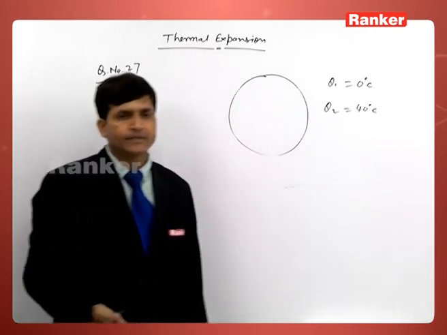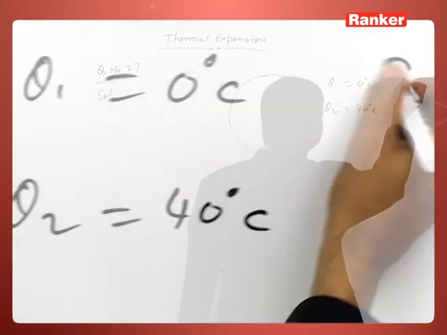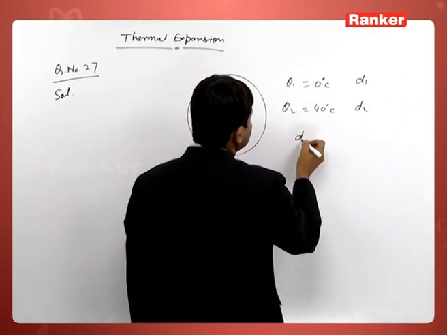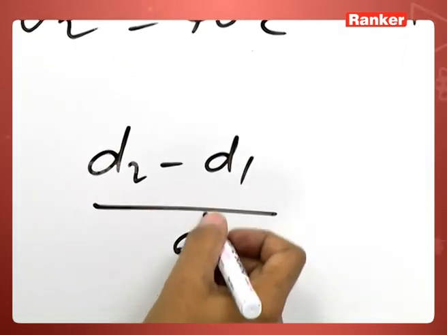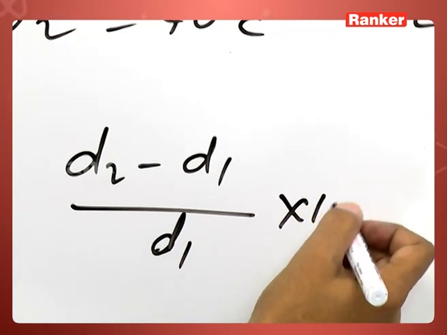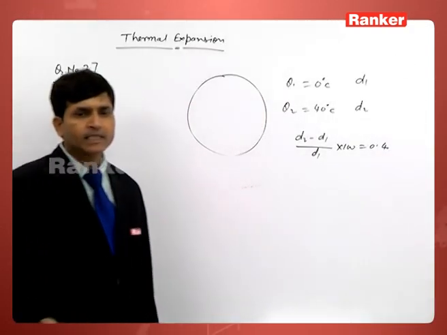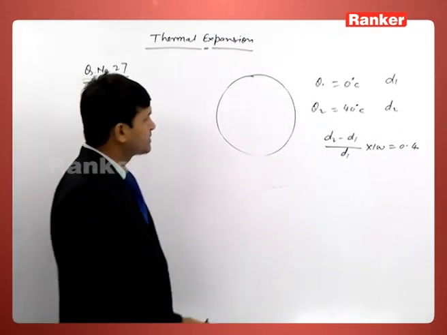So its density decreases by 0.4%. Here density D1, here density D2. So it is given (D2 minus D1) by D1 into 100 is 0.4. They are asking the coefficient of linear expansion of the sphere.